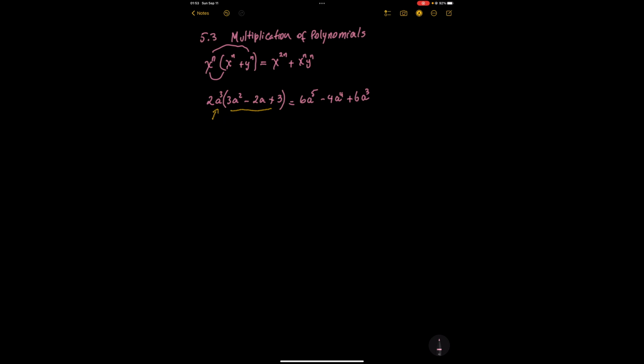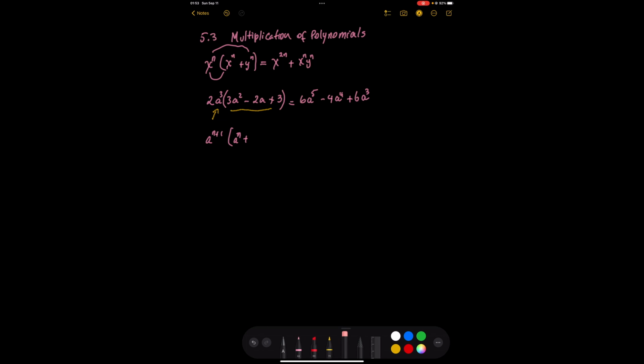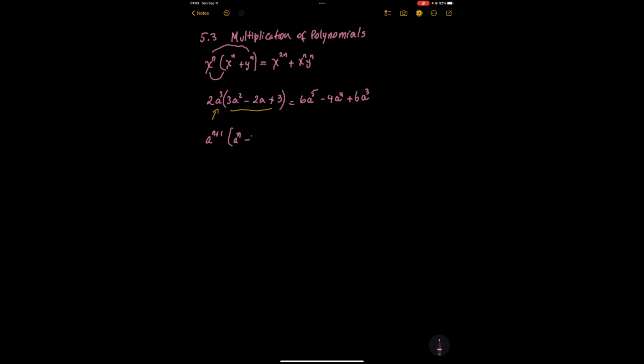Let me do one last example and we're going to move on to another aspect. Let's say we are doing a^(n+1) times a^n minus 3a plus 2. What would that equal to? Well, first thing first, let's think about it.